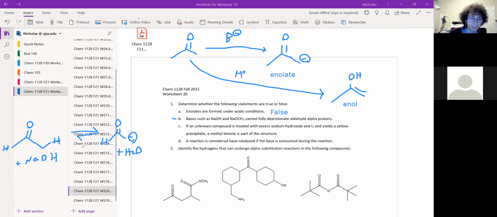This is like an example of the kind of reaction that you'd be considering to think about this question. You're adding hydroxide to deprotonate an alpha proton from an aldehyde to make it into an enolate. And when you're trying to figure out like how well this reaction will work, you should consider the pKa of the acids on both sides.